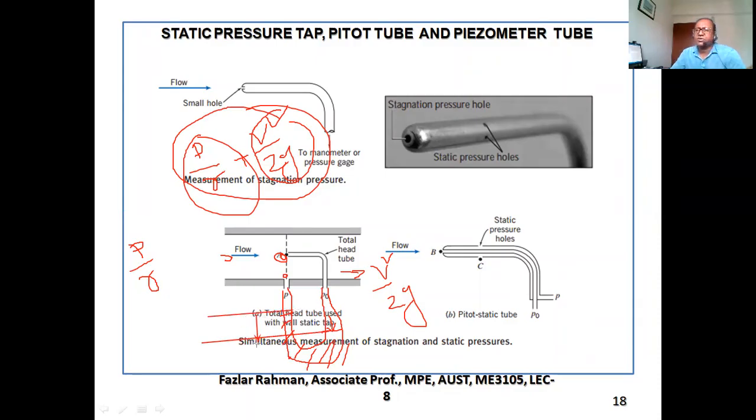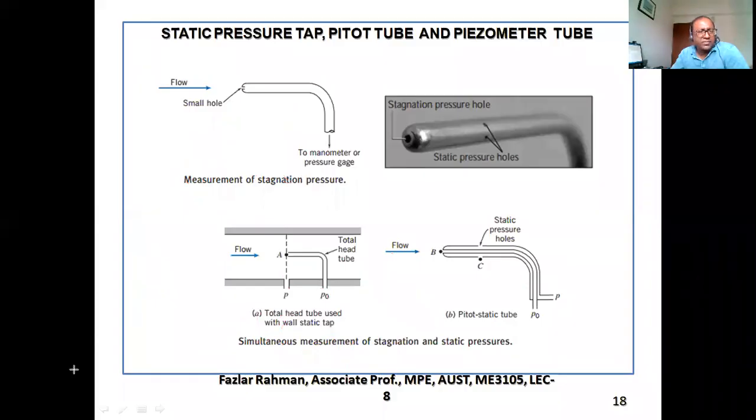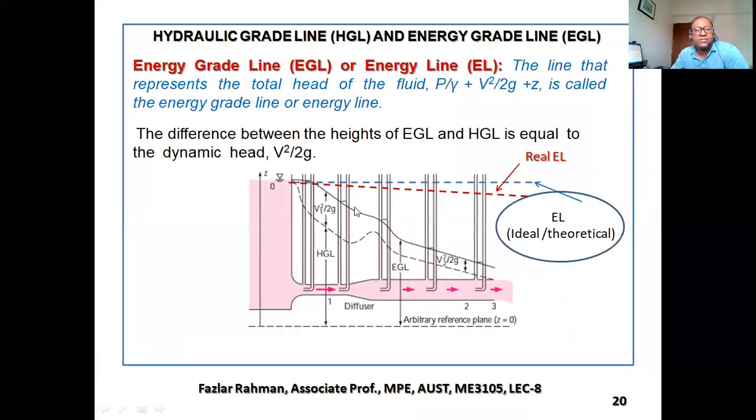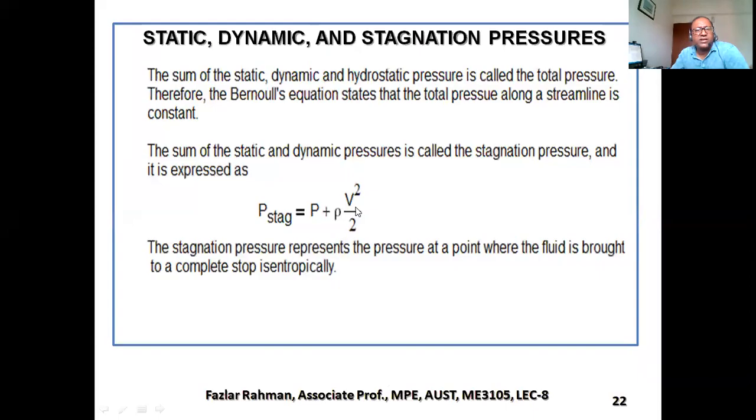From this deflection, you can measure the velocity of the flow, and also you can measure the stagnation pressure. Okay. Any questions so far? No questions?